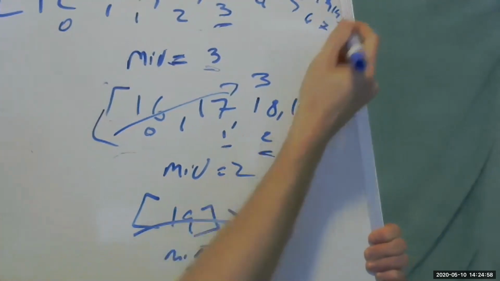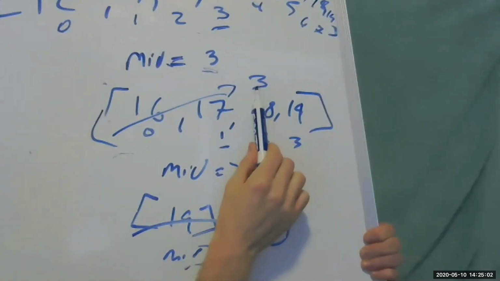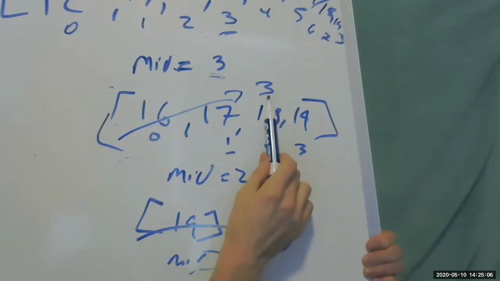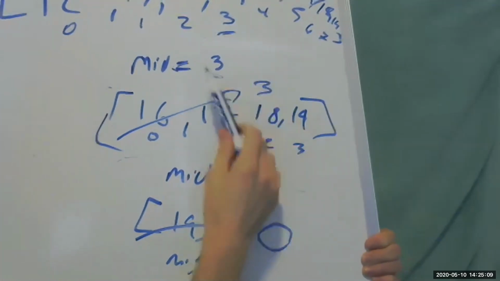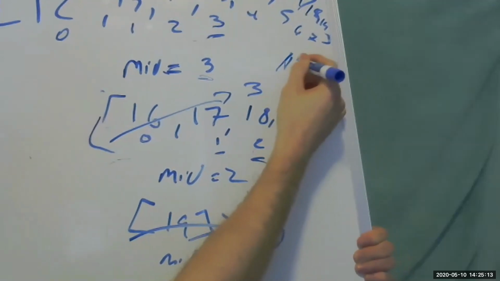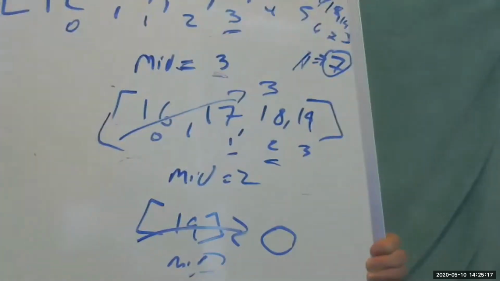So 6, 7 is our goal. When this evaluates to 3, this is not -1, so we do our math: 3 plus 3 is our mid, plus that hidden 1, which gives us back 7. And 7 is the correct index. So it still works.